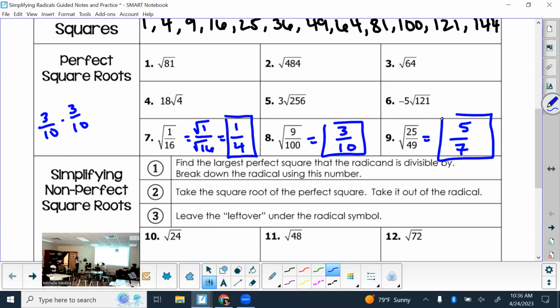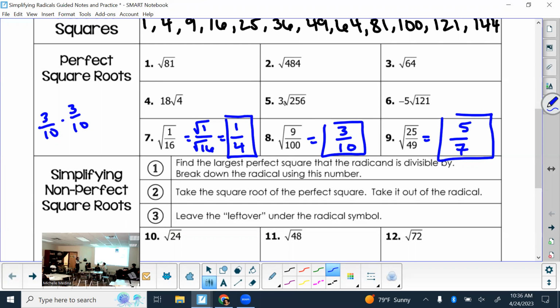Just a side note, number 4, or like 4 through 6 actually. What operation is implied if there's no plus, minus, multiplication, or division sign written? This right here is 18 times the square root of 4.